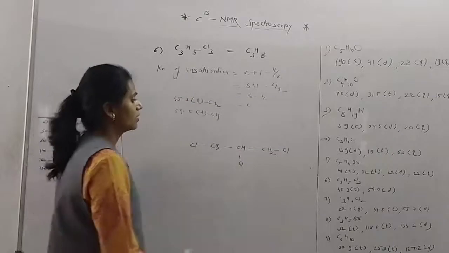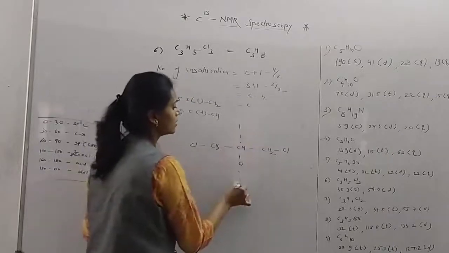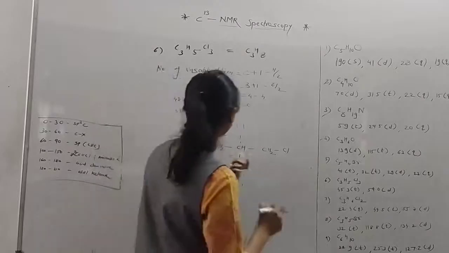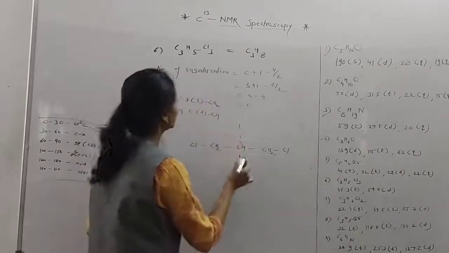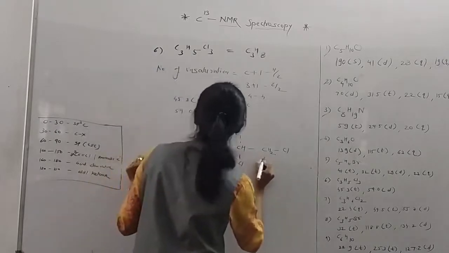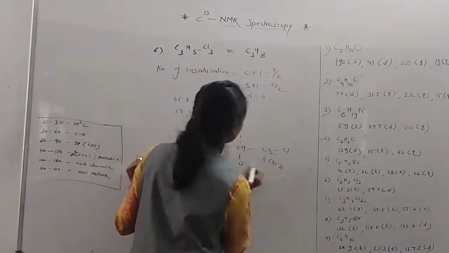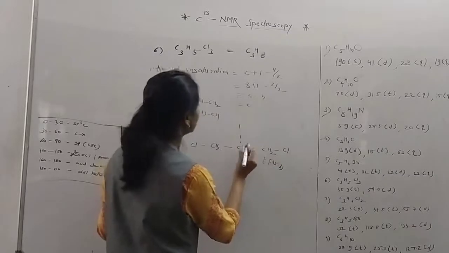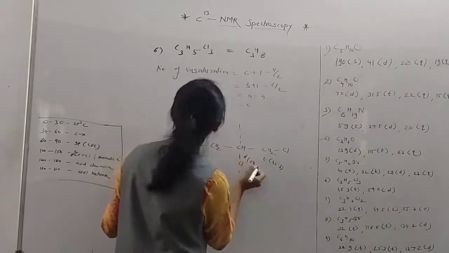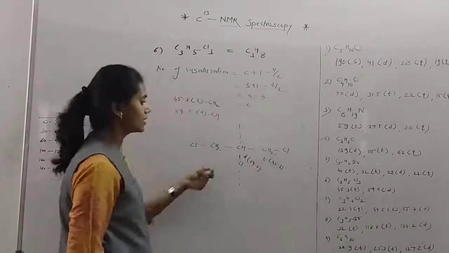Now we write here the signals. CH2 here is a triplet at 45.3, and this CH gives the doublet at 59.0. Why does this happen?